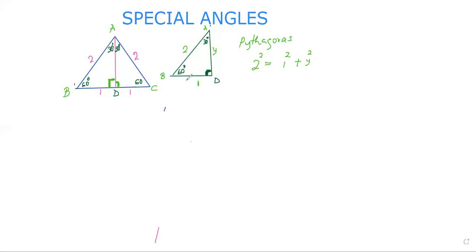The remaining sides are BD and AD. That is AB squared is equal to BD squared plus AD squared.